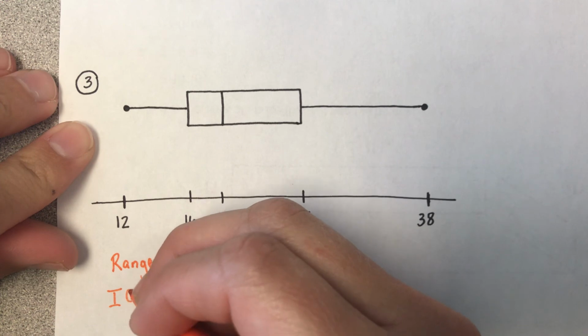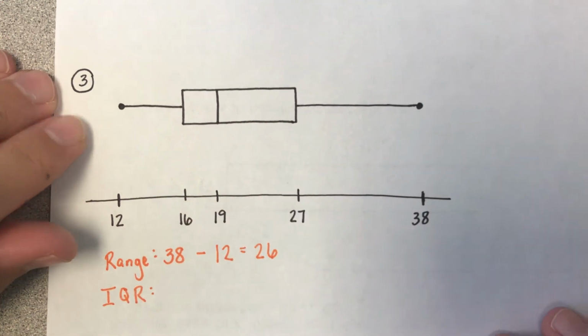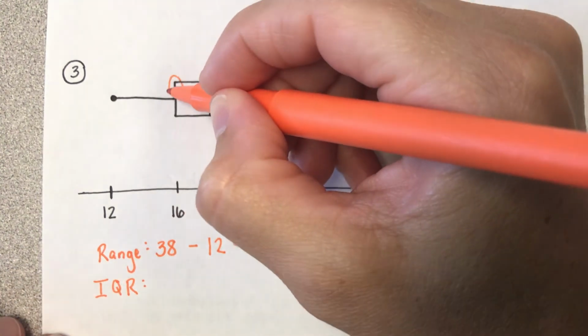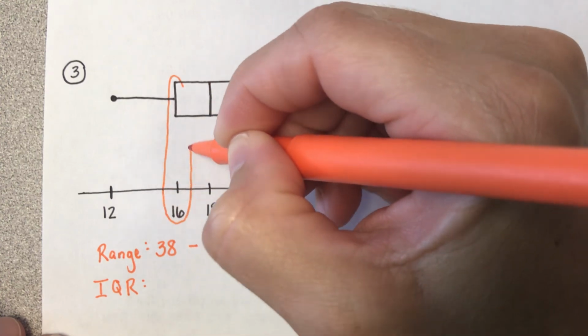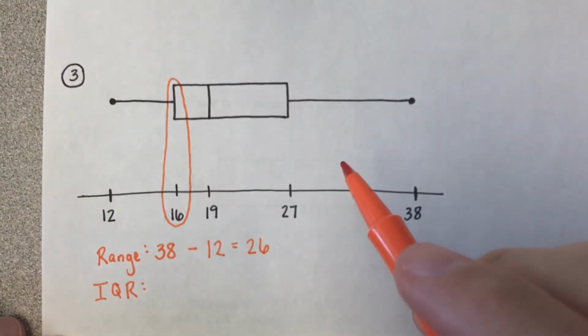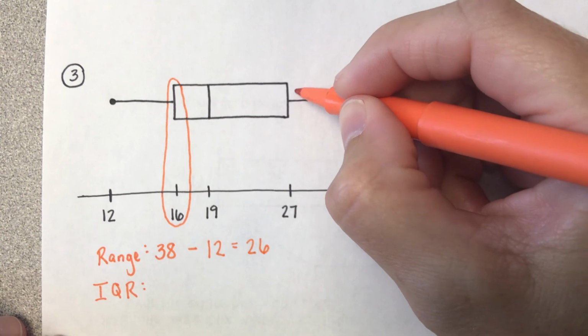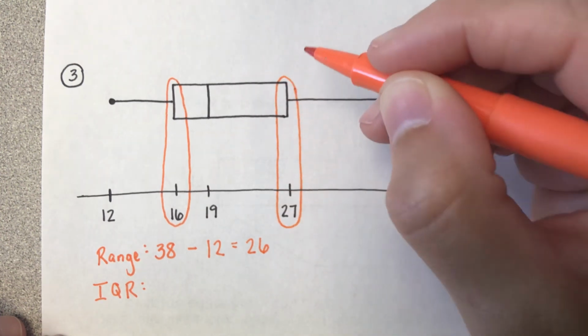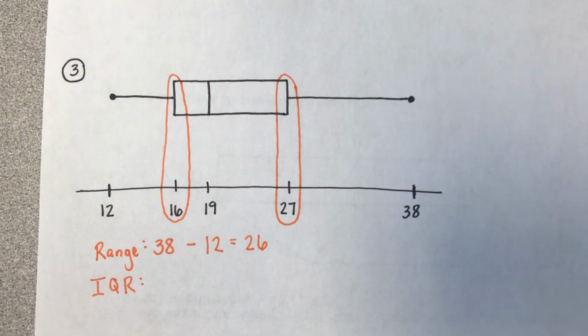All right, now for interquartile range, you'll obviously notice I don't have my long list of numbers that I had to find all those numbers for. It's already given to me, okay? So this part of the box right here is going to be your lower median, that lower middle number of your group, and then this right here is going to be the upper median, the upper quartile median.